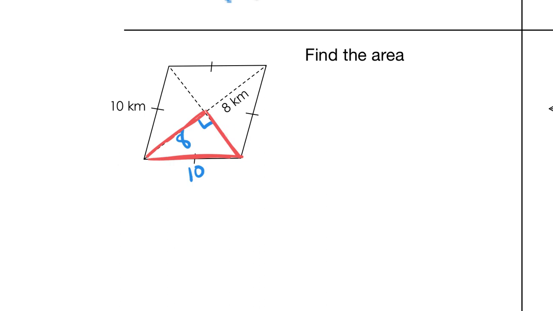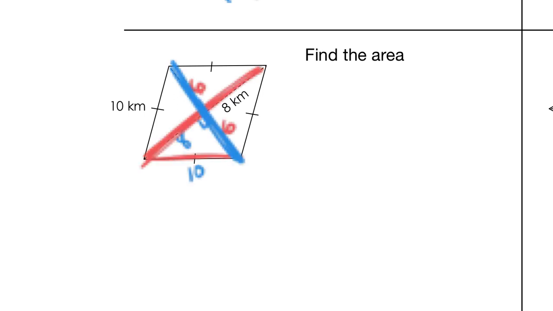Because we already know how to do the Pythagorean theorem, I'm going to write a 6 there. But if you wanted to show the work, we probably should show the work if it's on a quiz or a test. So that's 6, which means that part of the diagonal is also 6. So therefore the diagonals are, this one, the one that I just colored in red, would be 16, and the one that I'm coloring in blue would be 12.